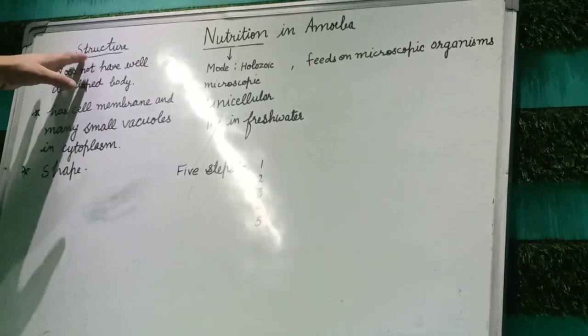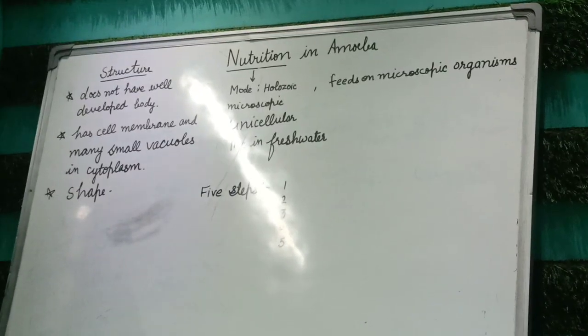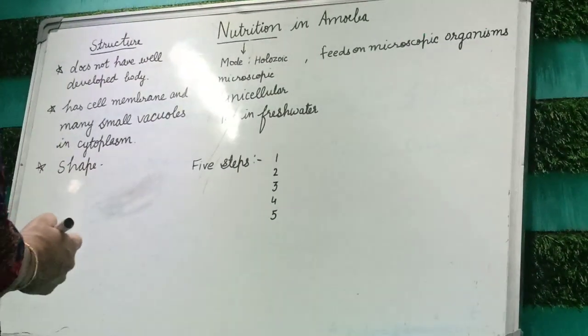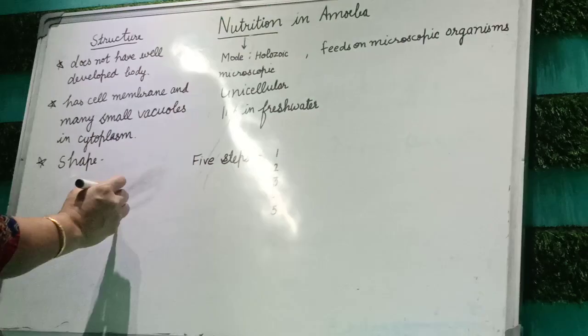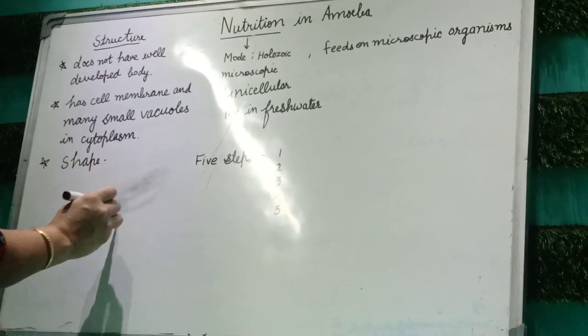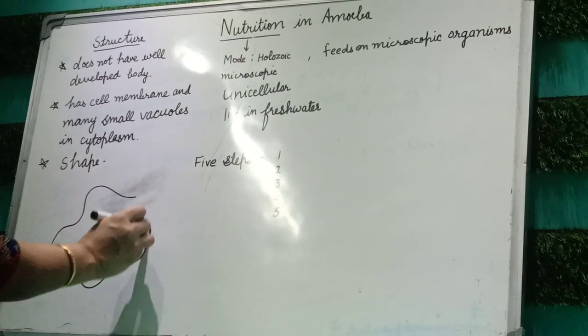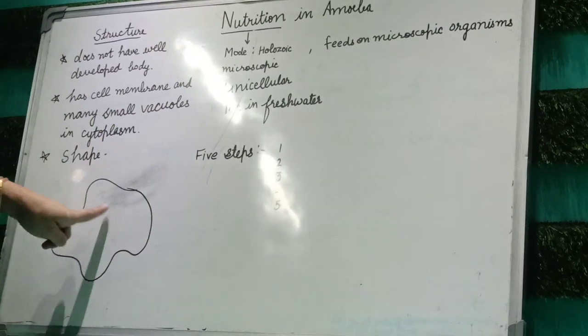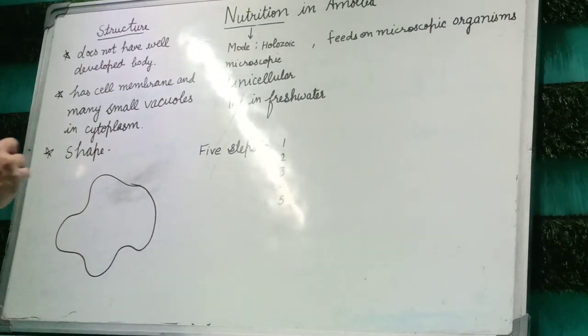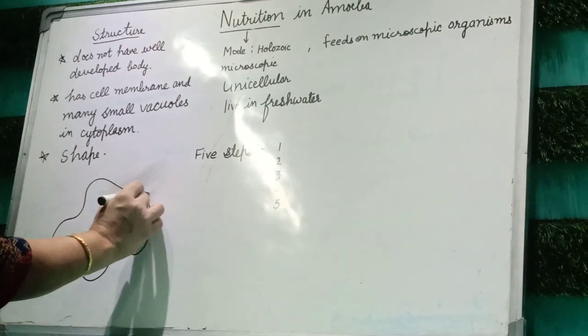Now, what is the structure of amoeba? If we see the structure of amoeba, it does not have a well developed body, only a single cell structure. It does not have any particular shape, and it has a cell membrane.